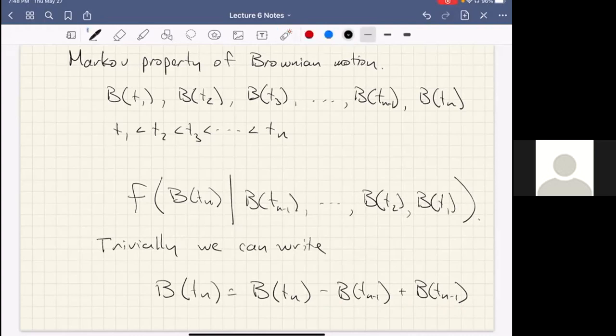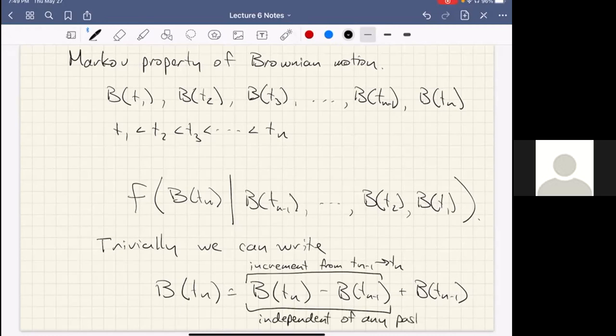But writing this a different way, that is the increment from Tn-1 to Tn. And that, by the second property, is independent of any past interval.